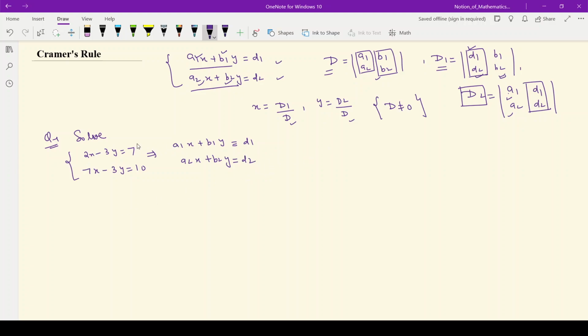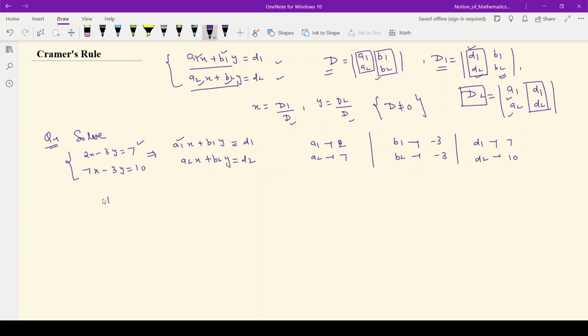By comparing this system with that system, I will be getting a1 and a2, which will be 2 and 7. I will be getting b1 and b2, that will be minus 3 and minus 3. I will be getting d1 and d2, that will be 7 and 10.